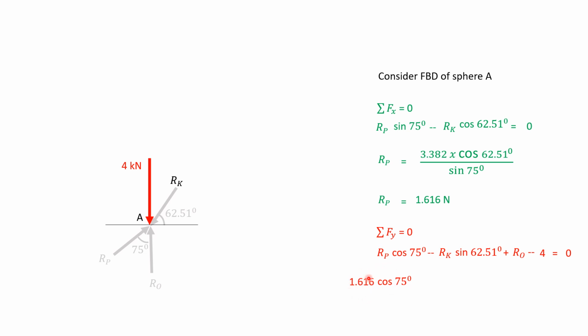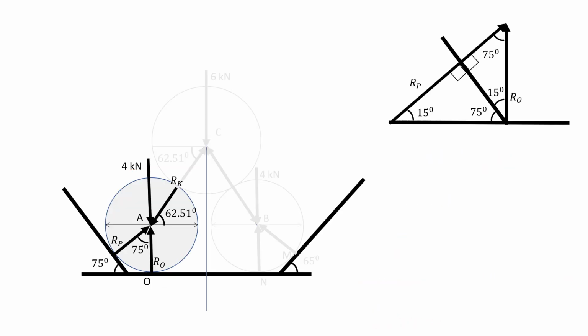We are calculating for RO, so we get RO as 6.582 kilonewtons. So we got RP and RO.